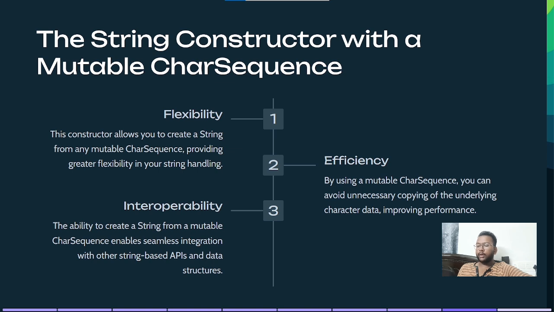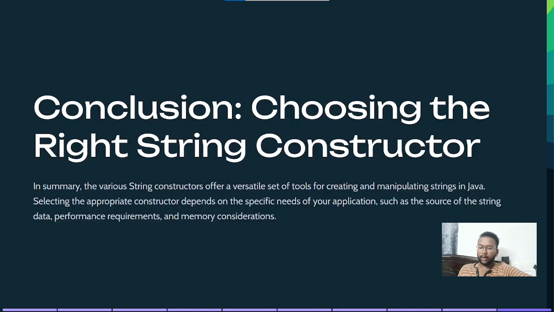Efficiency: by using mutable character sequences, you can avoid unnecessary copying of underlying character data, improving performance. Interoperability: the ability to create a string from a mutable character sequence enables seamless integration with other string-based APIs and data structures.